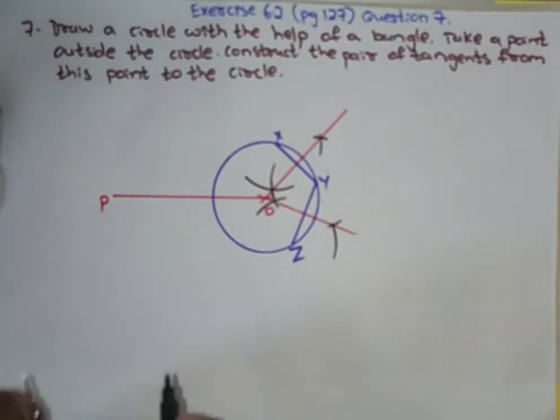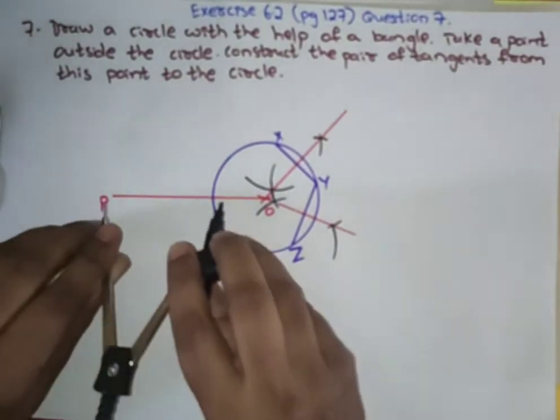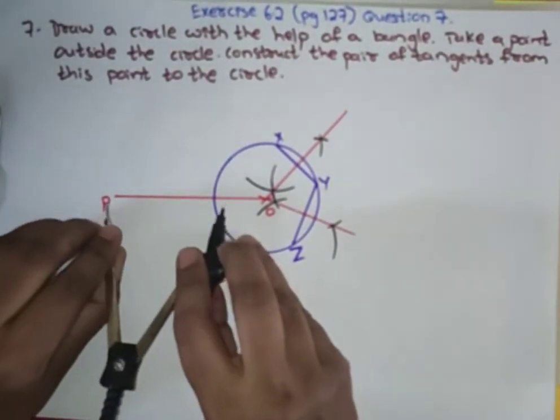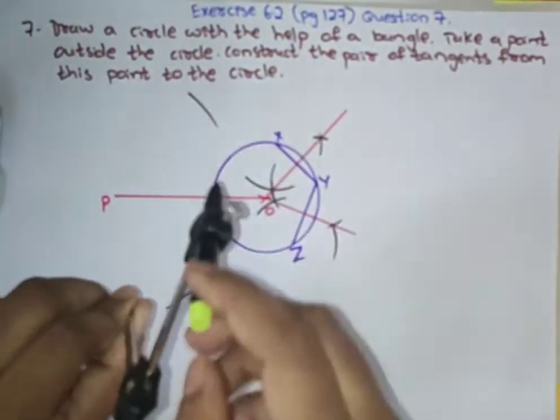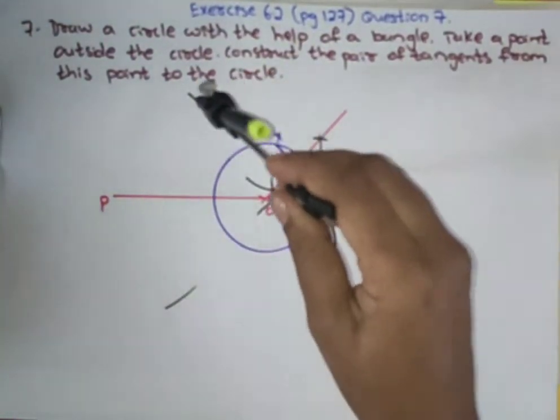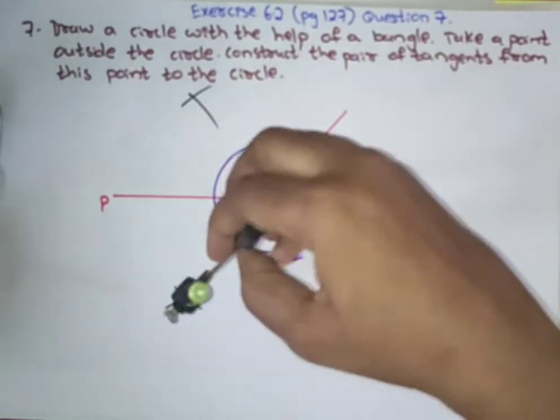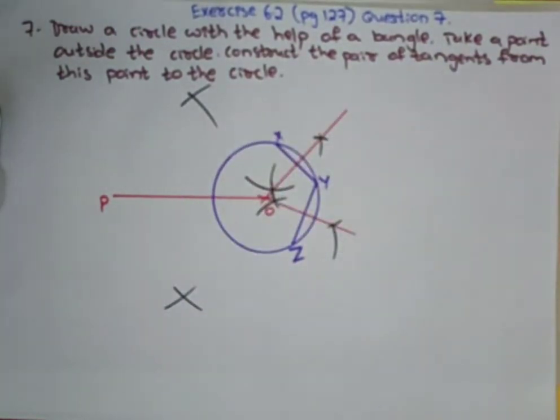Again, take your compass and take more than half of OP. Cut 2 arcs. Cut an intersection arc. Now join these.